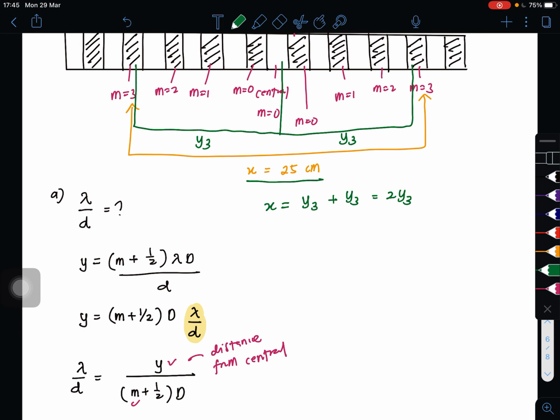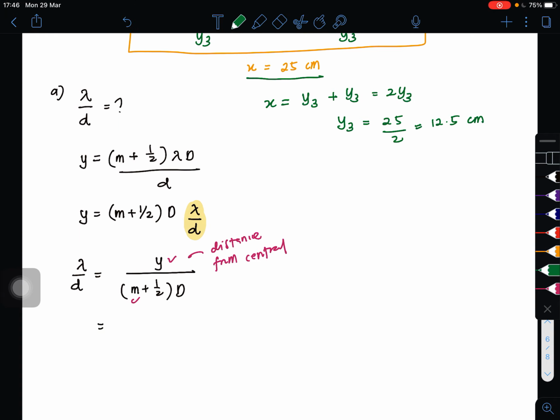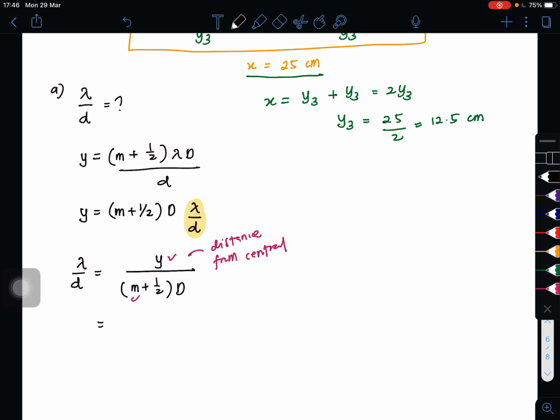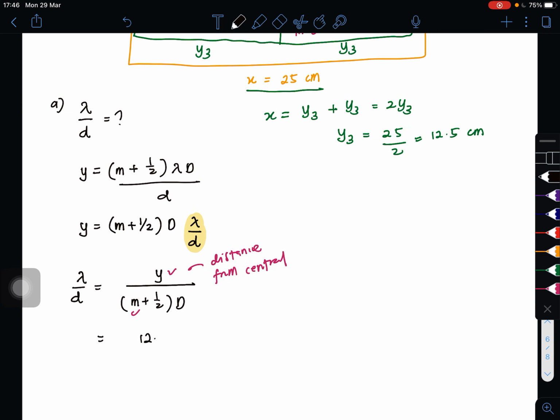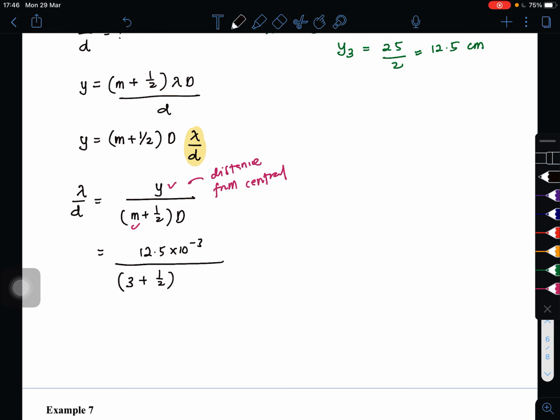So bermaksud Y3 adalah sama dengan 25 bahagi 2, 25 cm, which is 12.5 cm. So masukkan dekat sini, Y adalah sama dengan 12.5 cm bahagi dengan M tadi adalah sama dengan 3 tambah 1/2 darab dengan D. D adalah sama dengan 1.